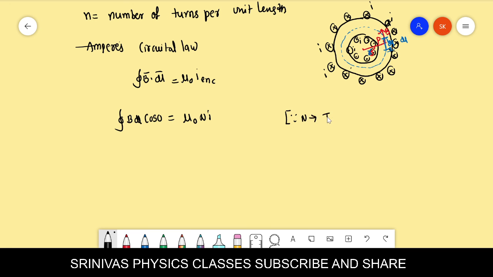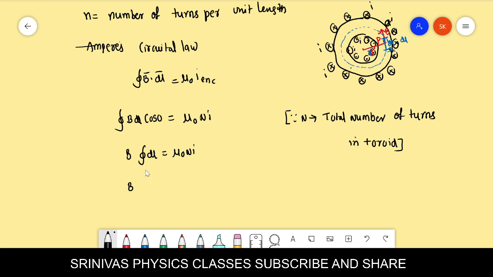N is the total number of turns in the toroid. Then B and dL are parallel, that's why we write cos 0. B we take outside, integration dL we write. Mu naught N I we will get.